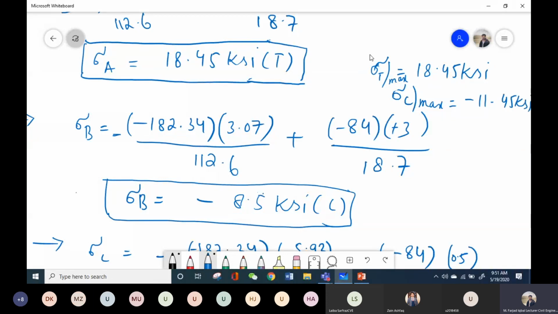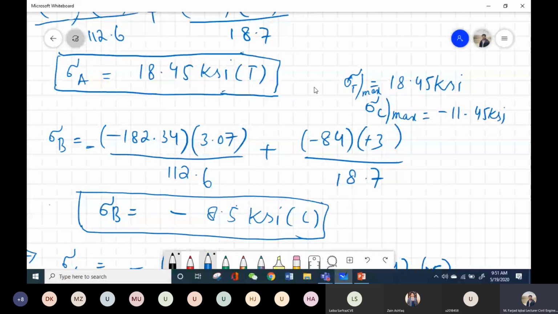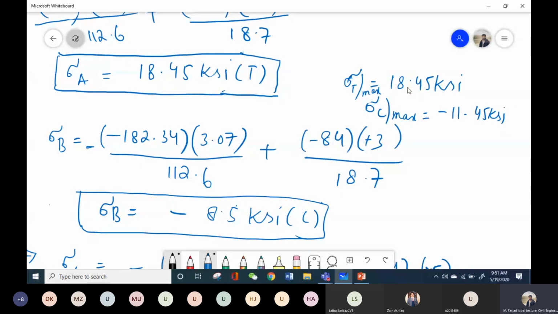So this is your final answer, that the maximum tensile stress is 18.45 and the maximum compressive stress is this. So this is how you are going to solve the question for unsymmetrical bending of symmetrical section.